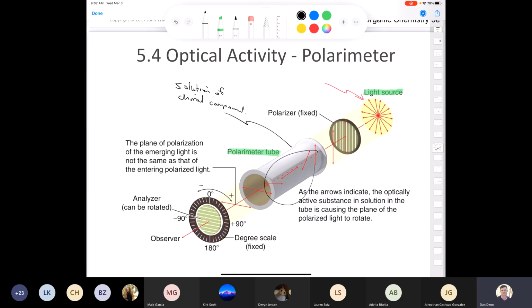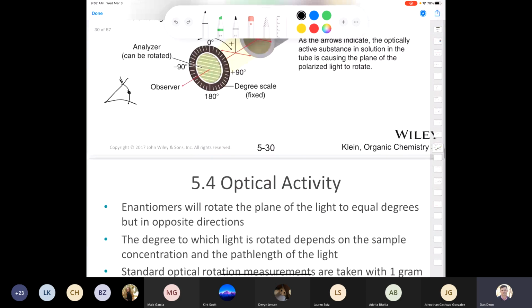Now here they're showing it being rotated in a certain way, and then the person on the other end, with their eyeball, looks through another polarizing filter, and then they adjust that polarizing filter to the right or to the left so that they can see the light shining through. Once they can see the light shining through, they know that they've rotated this lens to the same degree as the compound rotated the plane polarized light, and they can get what's called an optical rotation.